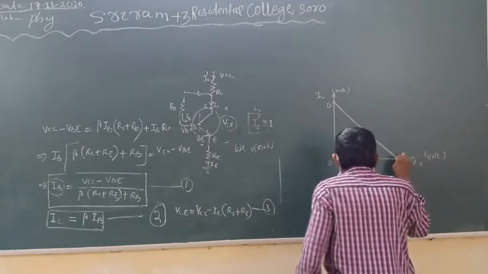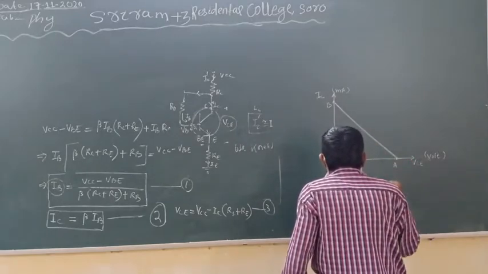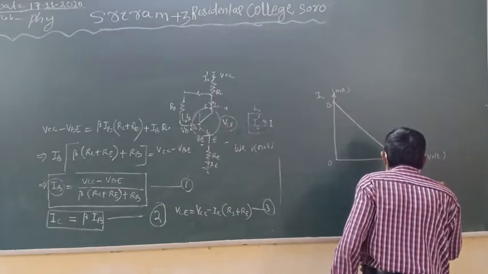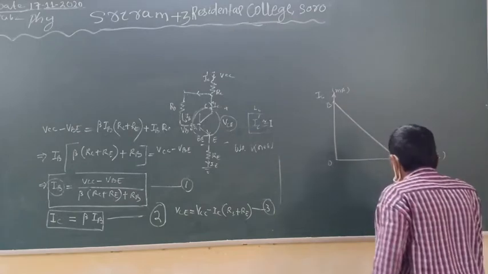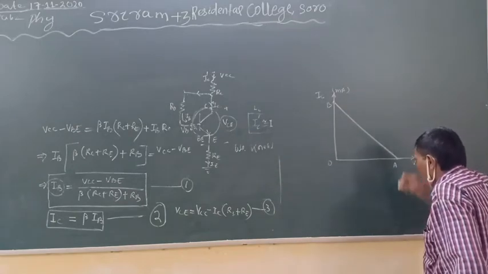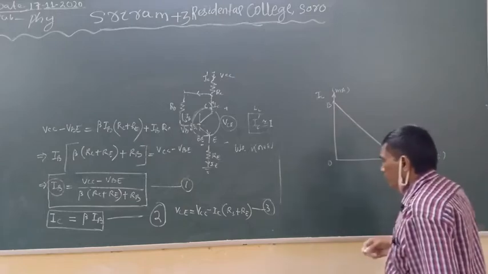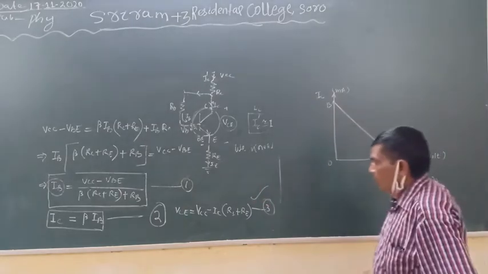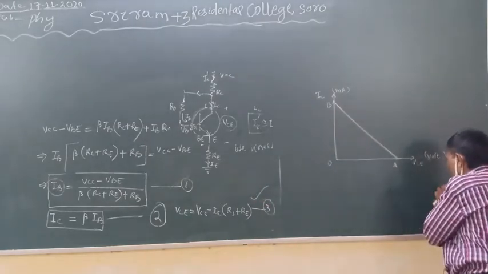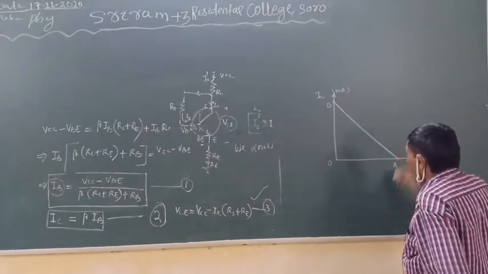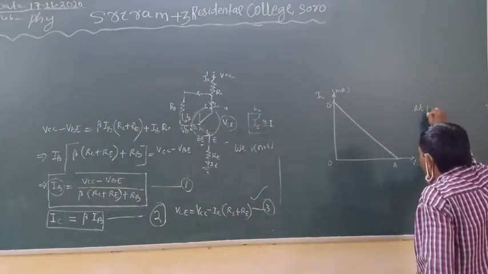We point out this point as voltage and current, and we calculate it by applying equation number 3.